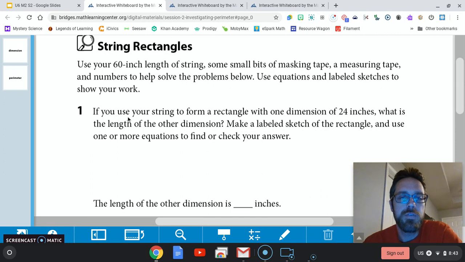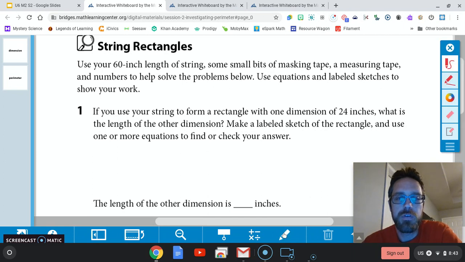If you use your string to form a rectangle with one dimension of 24 inches, what is the length of the other dimension? Make a labeled sketch of a rectangle and use one or more equations to find and check your answer. So if you know you have 60 total inches, think about area and perimeter.